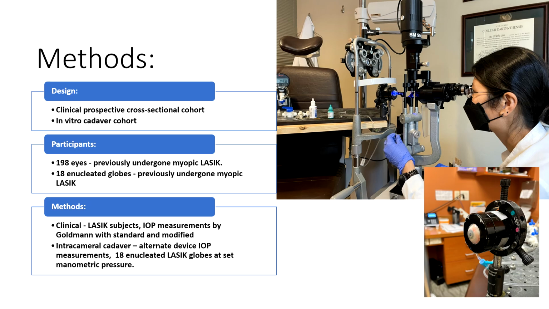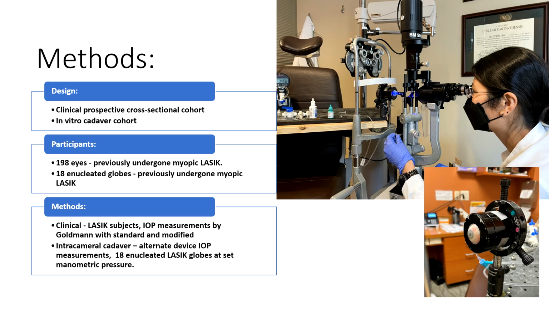This was designed as a prospective cross-sectional cohort study and an in vitro cadaver comparison. 198 eyes were enrolled from 100 subjects who had previously undergone myopic LASIK. Separately, 18 enucleated globes that previously had undergone myopic LASIK were examined.